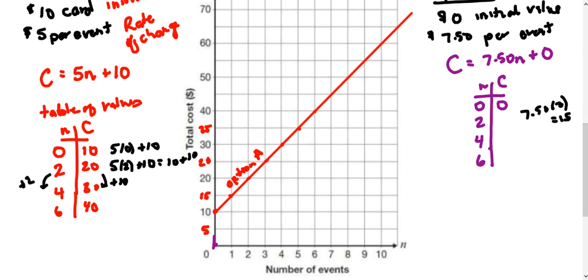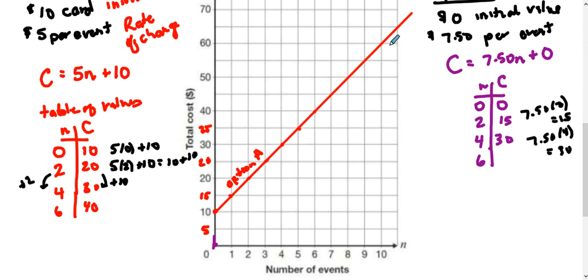Well, I know that 2 events is going to cost me $15. And I hope that you could guess what it would be for 4. Well, for 4, it would be 750 times 4. And if I use my calculator, that's 30.